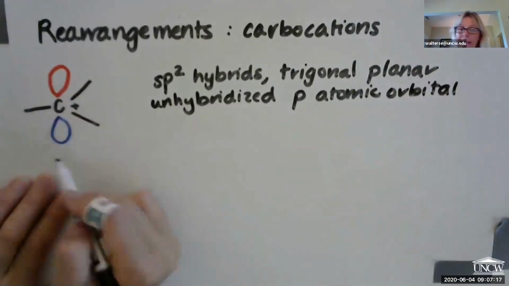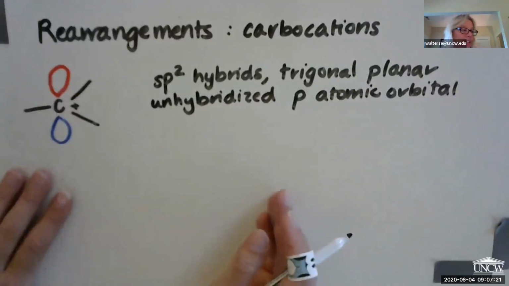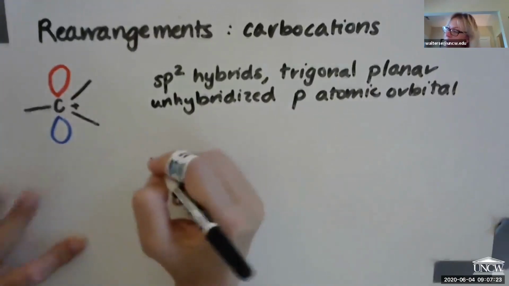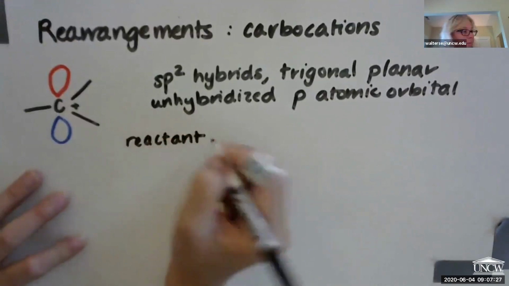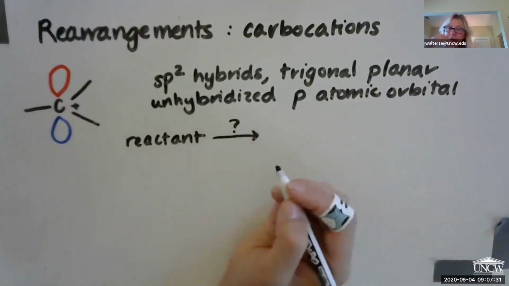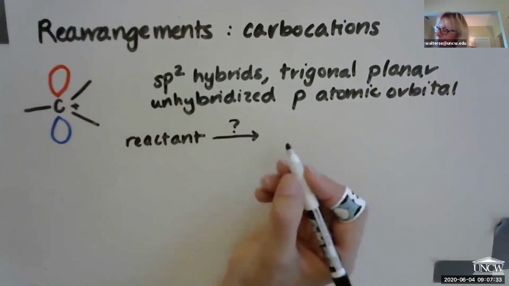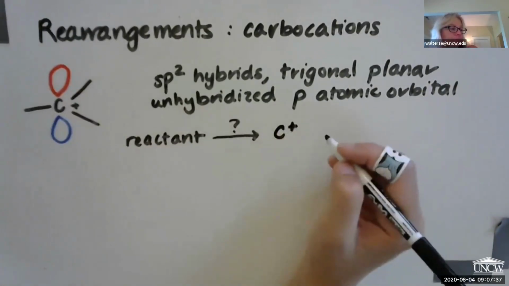So carbocations are intermediates in reactions. What I mean by that is you would have a reactant, and then it would undergo some reaction, so it doesn't matter what it is right now, and you would make a carbocation.